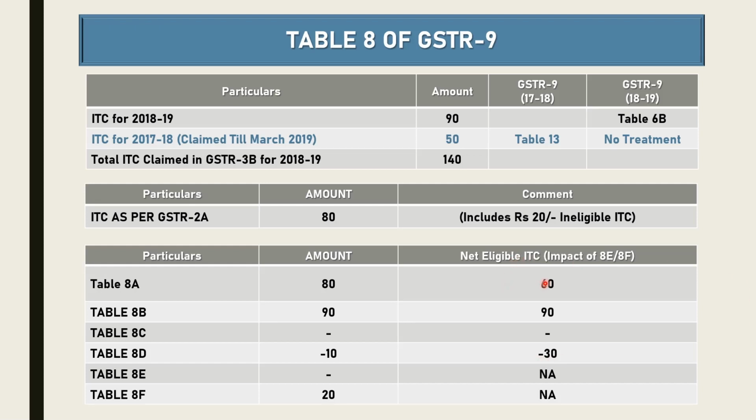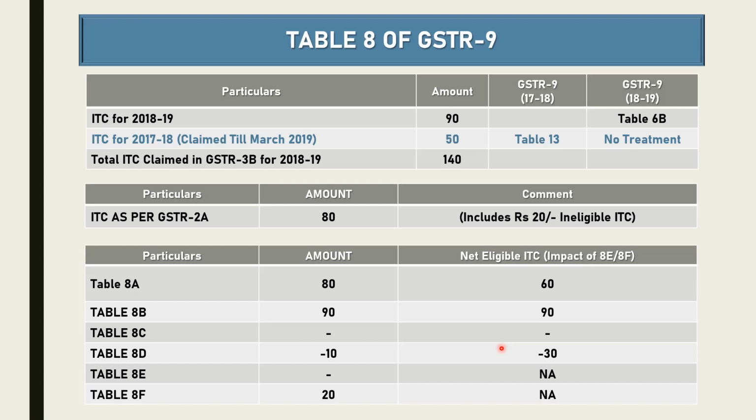Although the absolute figure auto-populated in GSTR 2A is 80 rupees, only 60 are eligible, and against this 60, I have claimed ITC of 90 rupees. Therefore, there is an excess ITC claimed of 30 rupees towards eligible ITC. So this would be the correct picture reflected in GSTR 9, through which my officer would be able to understand the situation.